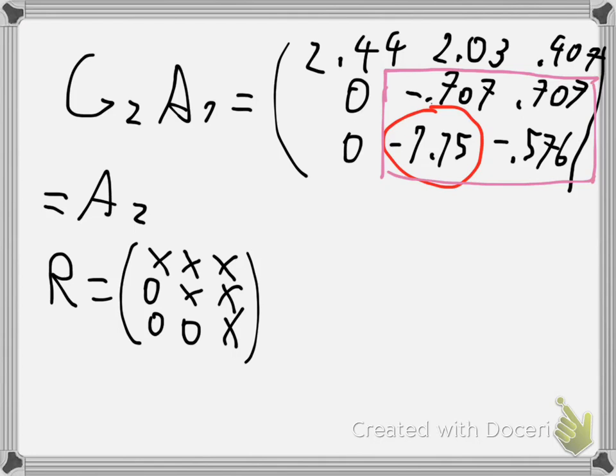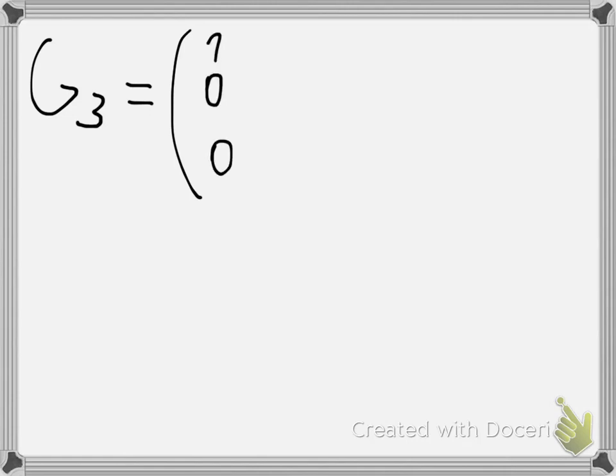So here, our third given rotation will be given by 1, 0, 0, 0, 0.